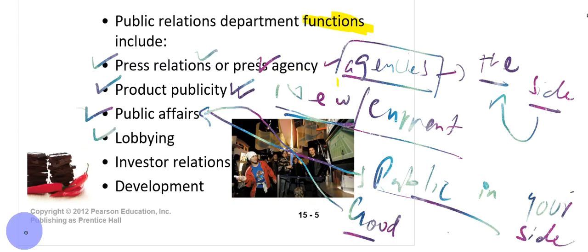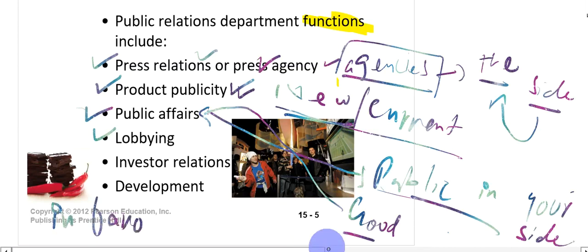Number four, lobbying. Public relations tools are used for lobbying in favor of any idea, individual, or product, or against any idea, individual, or product.